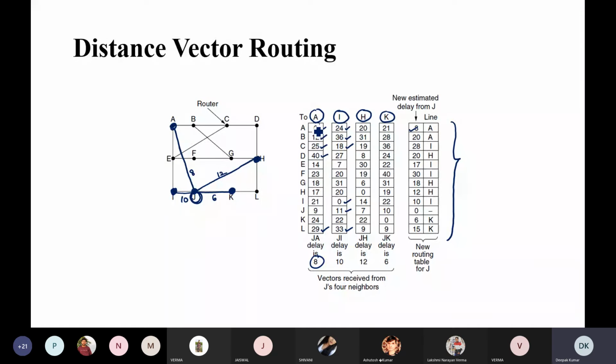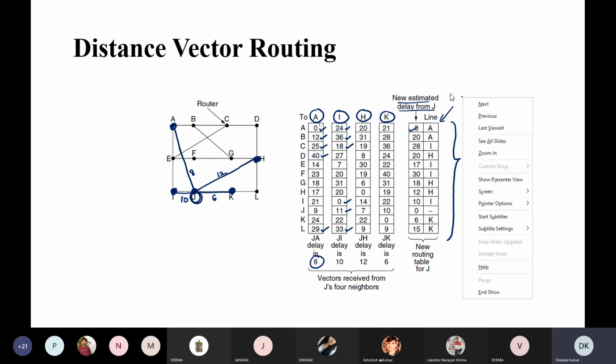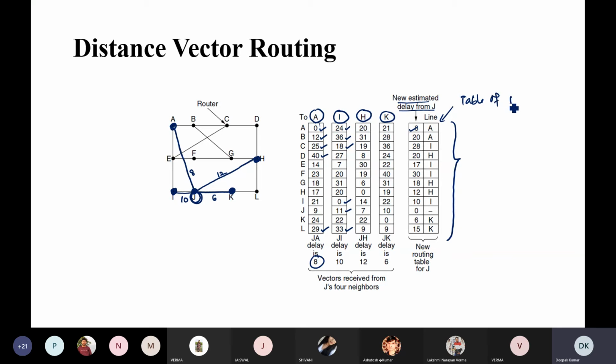That's why it chooses to move through A. Otherwise, it could go through I, H, or K. This is the estimated table for J. This is the table of J.